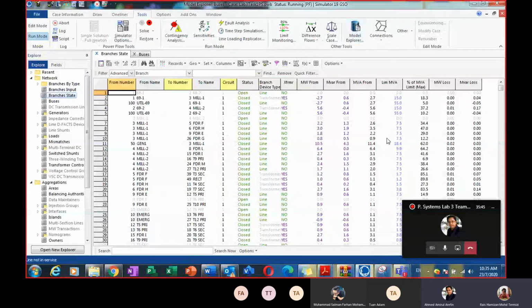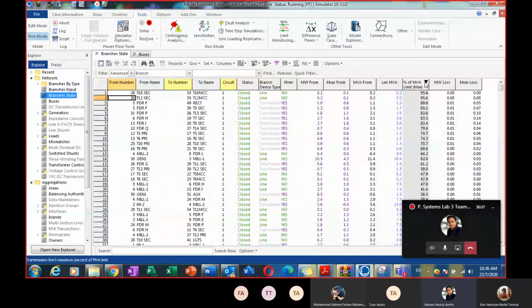Yes, branch state. Now, which column? This one, sir. Which one? See this one.